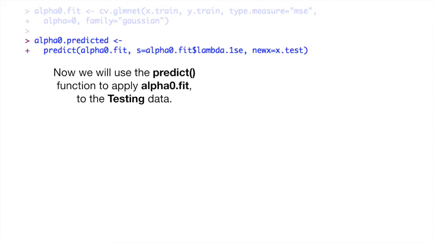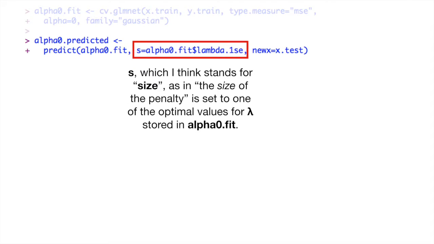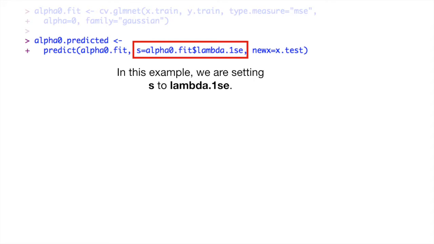Now we will use the predict function to apply alpha0.fit to the testing data. The first parameter is a fitted model. In this case, it's alpha0.fit. S, which I think stands for size, as in the size of the penalty, is set to one of the optimal values for lambda stored in alpha0.fit. In this example, we're setting s to lambda.1se.